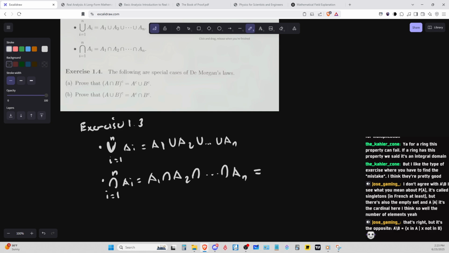Now I think this one, if any of these don't have an element in common, then usually they would share the empty set. Now, for this one, I think it's supposed to be like A1, because it's supposed to contain all the elements of every single set.